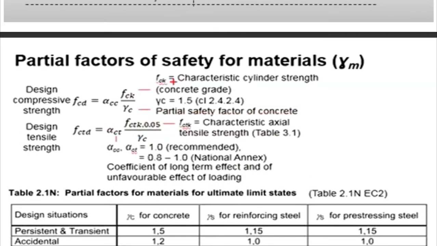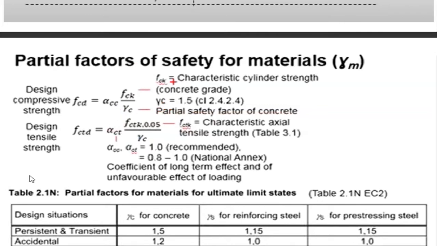So you can pass through the design compressive strength. As we said, in terms of material, you take the characteristic strength and divide by this value here. For the concrete, the value of the partial factor as per this clause is 1.5, and this one is the grade strength of the assumed concrete.